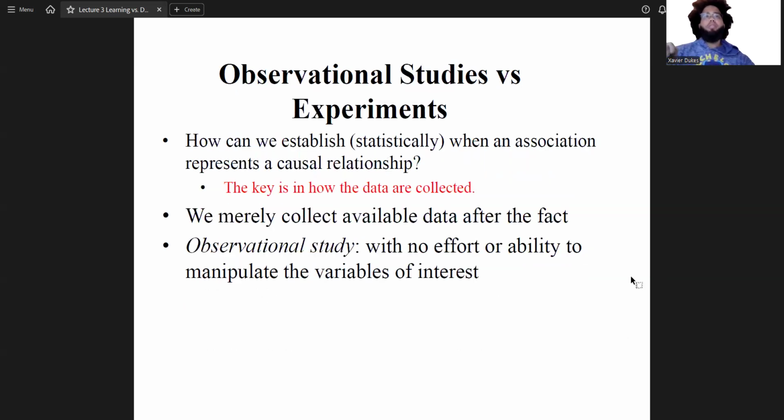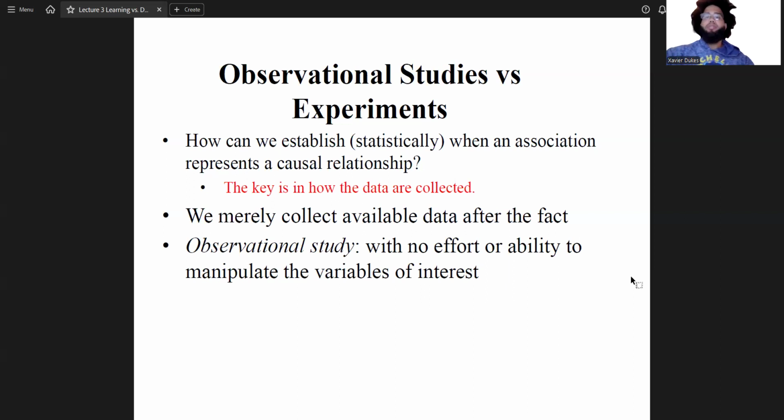Observational studies versus experiments. How can we establish statistically when an association represents a causal relationship? The key is how the data is collected. We merely collect data after the fact, right? An observational study is one with no effort or ability to manipulate variables of interest. There's no independent variable.